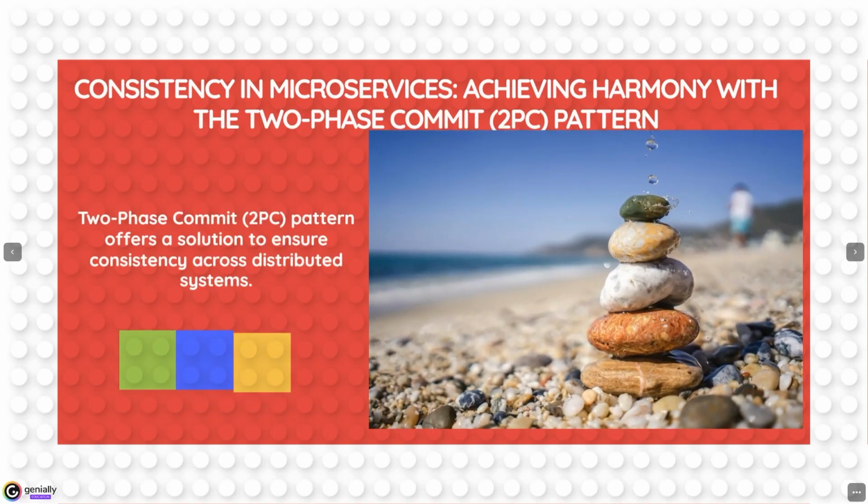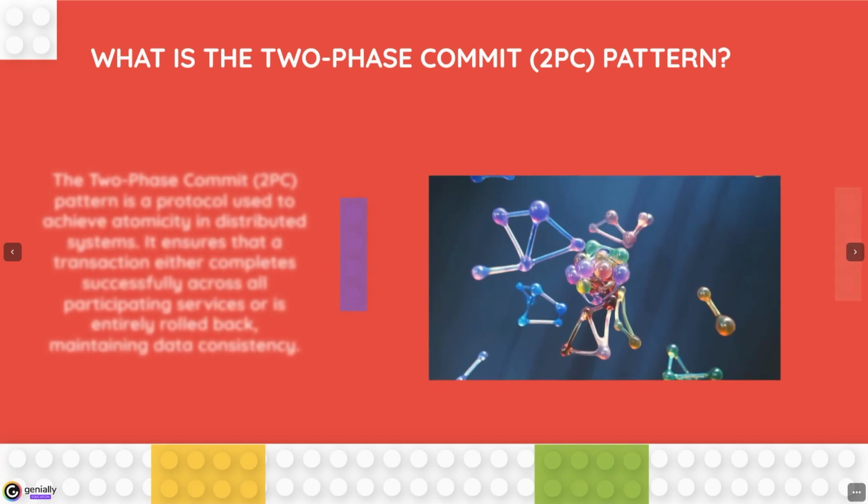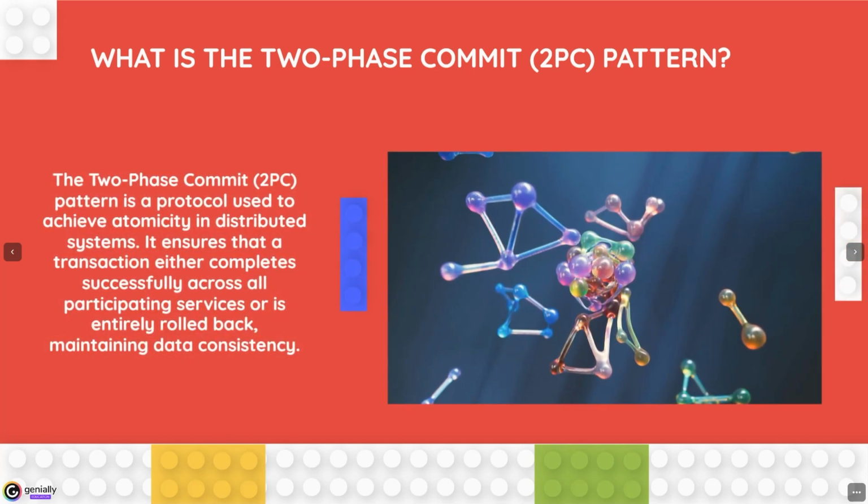The two-phase commit pattern offers a masterful solution to ensure that every part of your system stays in perfect synchronization, providing the consistency and reliability that your operations demand. So, what is the two-phase commit pattern?